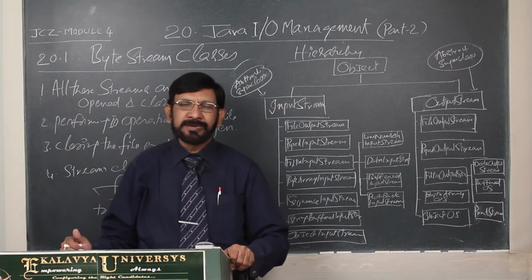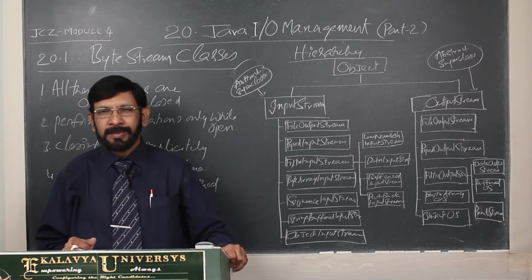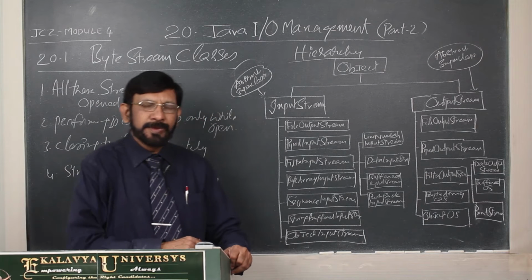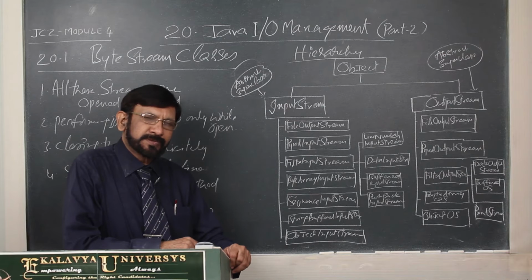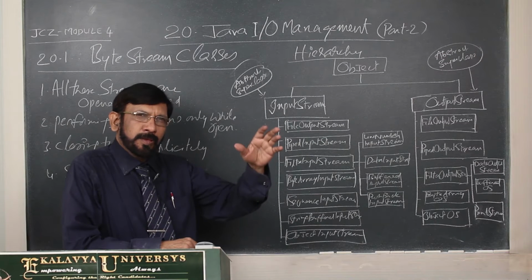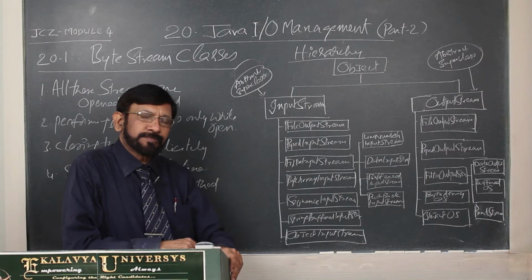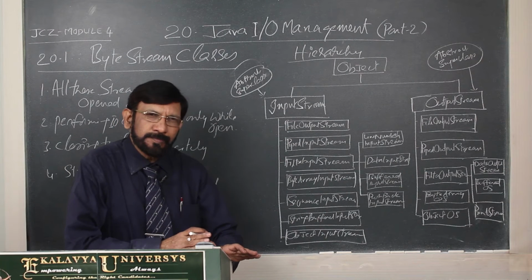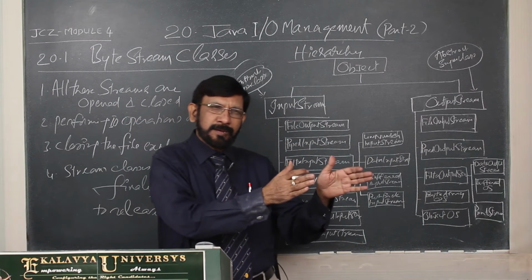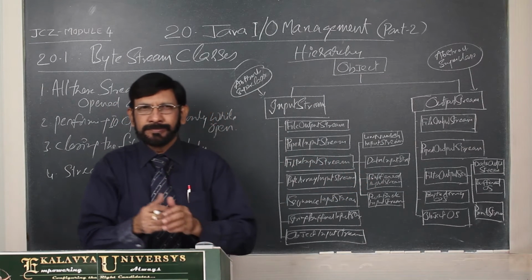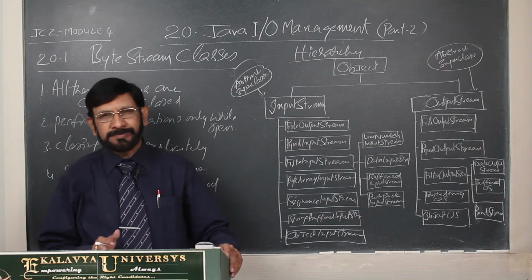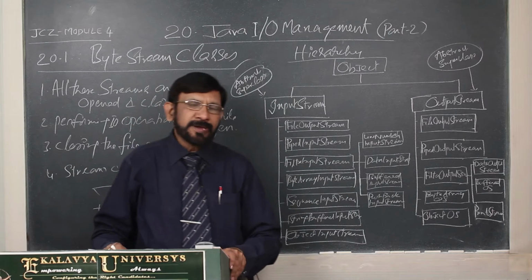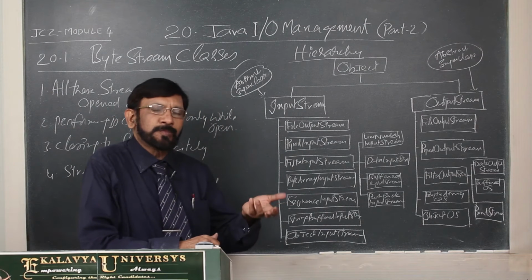How it is related, I will just tell you. Actually, input and output are two aspects. Suppose you cook food; cooking food and getting items is one aspect. After that, it should be served properly.